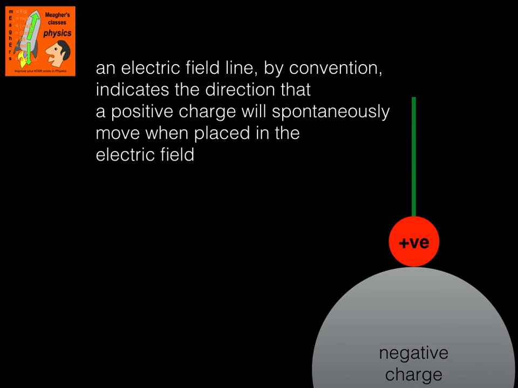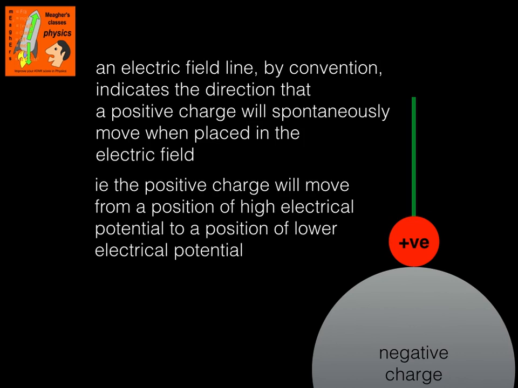So that positive charge will move in that direction, but of course if we put a negative charge in that same field, it would move in the opposite direction. So what we've got in this instance is the positive charge has moved from a position of higher electrical potential to a position of lower electrical potential. Very similar to that elephant in the previous example, where it moved from a position of higher gravitational potential to a position of lower gravitational potential.